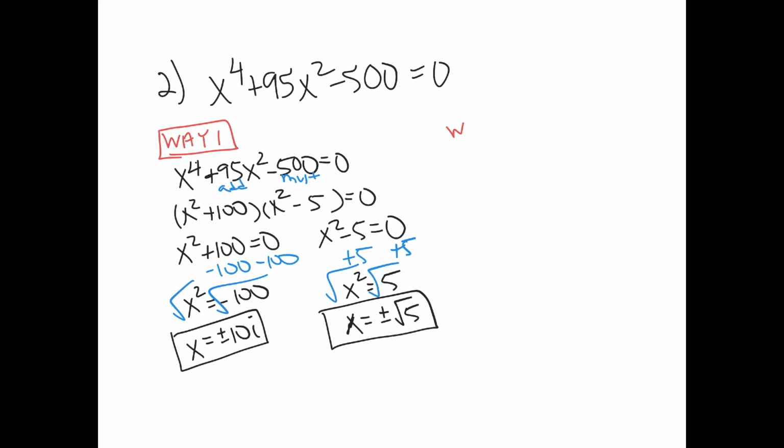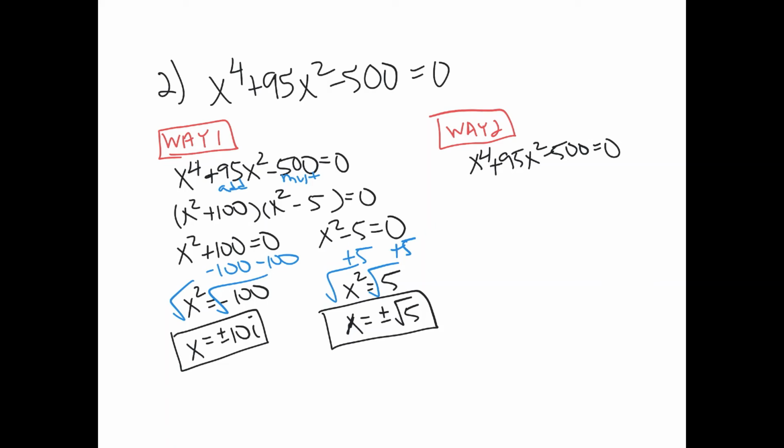So that's one way to solve it. It is going straight to solving it like a quadratic. Way 2 would be using the substitution method. So let me show you how we can solve it using substitution. So notice we have x to the 4th plus 95x squared minus 500.